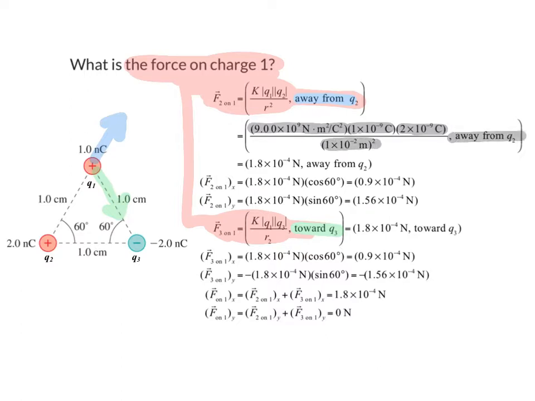Still away from Q2. You plug and chug all of that, and you come up with this force magnitude.